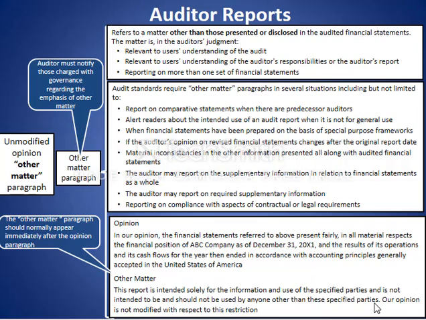Now, very importantly, at the end of this paragraph, the auditor has to insert this statement: our opinion is not modified with respect to this restriction. So the auditor is saying that even though we pointed out this particular item, there is no modification to our audit opinion.